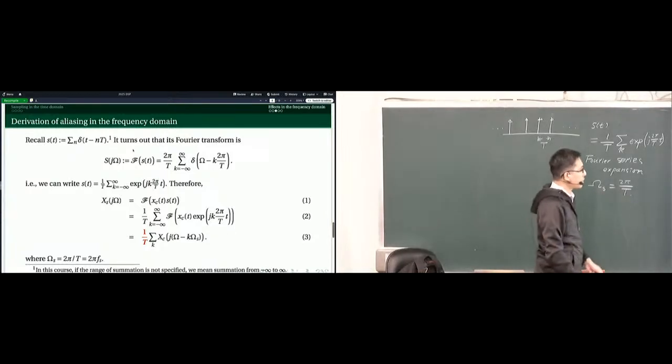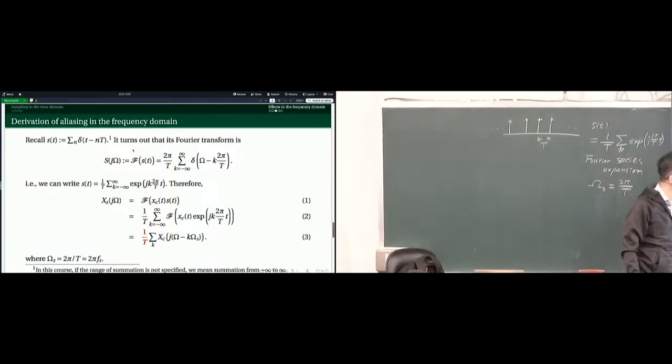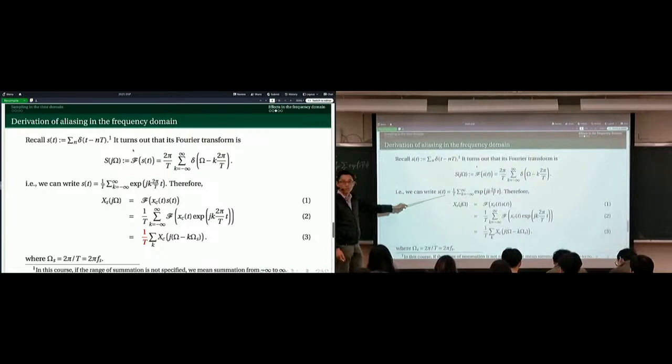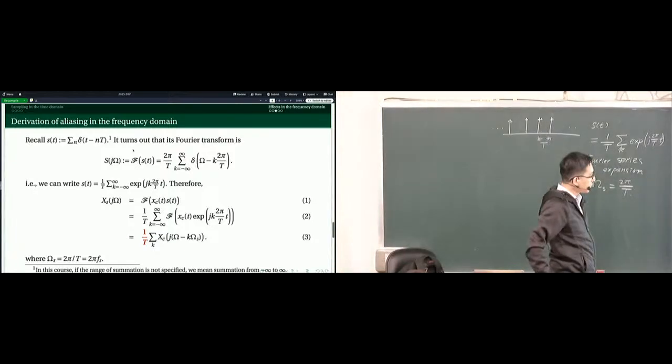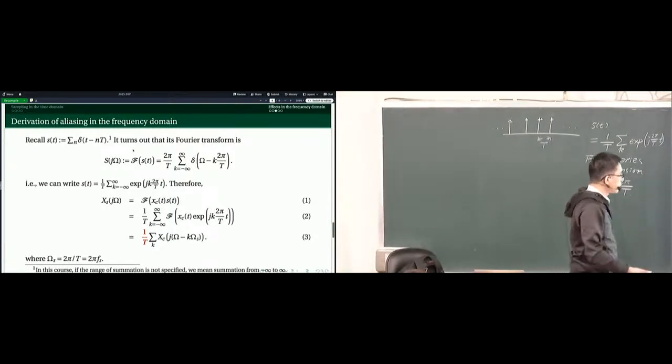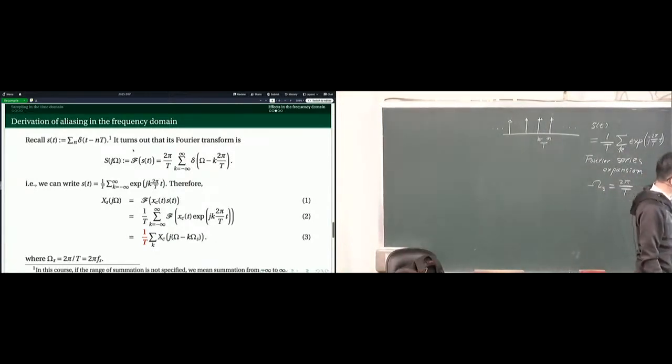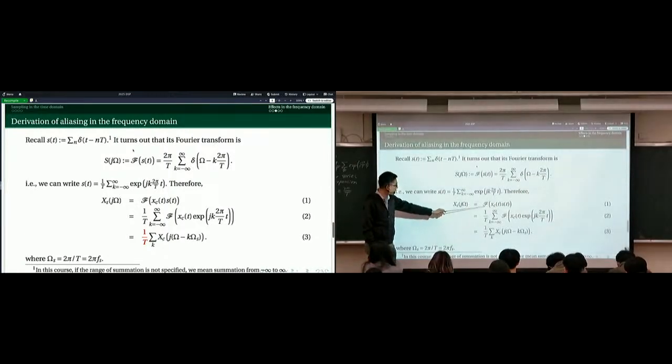Because later, if we agree that this equality really holds, then in a few steps you can reach a conclusion. X s is defined by the spectrum, the Fourier transform of the signal we're interested in multiplied by S of t.